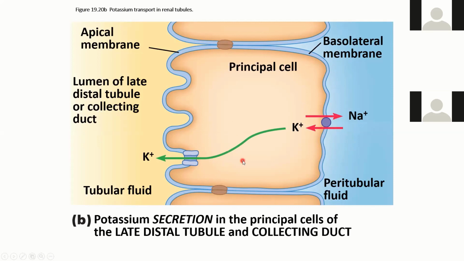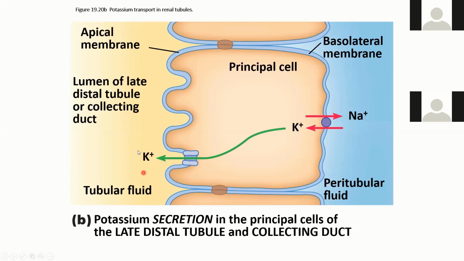But the secretion is going to be dependent on these potassium channels and whether they're open or not. So if we don't have potassium channels, that potassium is just going to get stuck in the principal cell. If we do have potassium channels and they're open, then we're going to see potassium being secreted back into the tubular fluid.